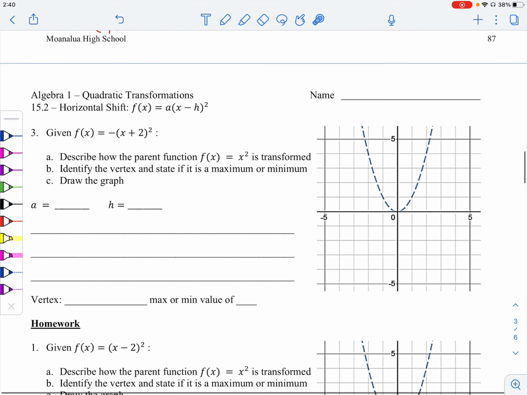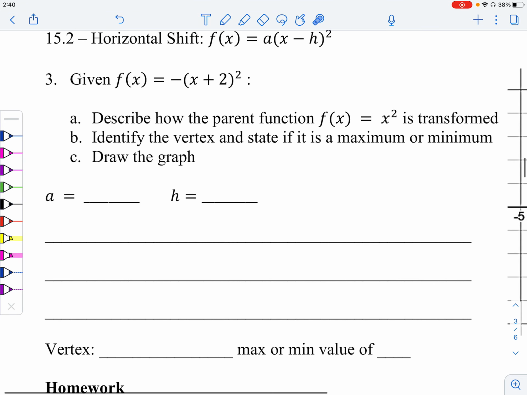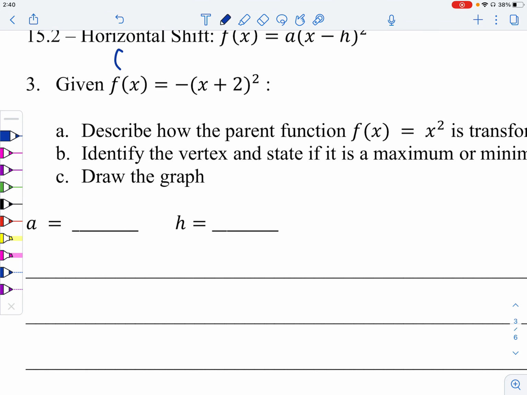Okay, number 3, last one. All right, so we have f of x equals our function again, a times parentheses x minus h parentheses squared, plus k on the outside. It's 0 again. And then what's our value of a now? If you have a negative, there's no number, it's a 1.